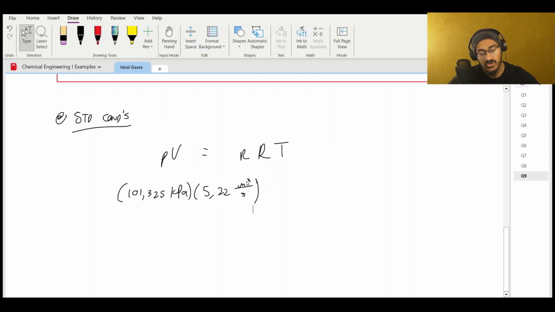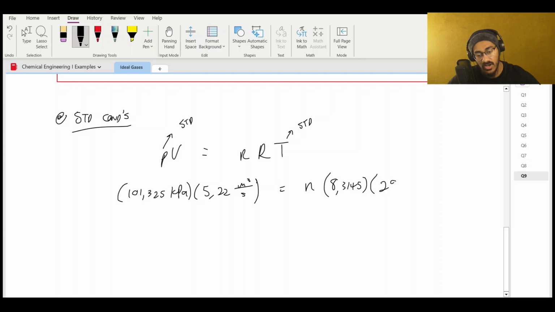The reason I don't need to include the standard in here is because standard is already taken into account by the pressure and the temperature, but you can write it in if you want to. R is 8.3145, and my temperature was 298 Kelvin. So if I solve this, the number of moles comes out to be 0.213. And remember, your answer is going to be in kilomoles per second.